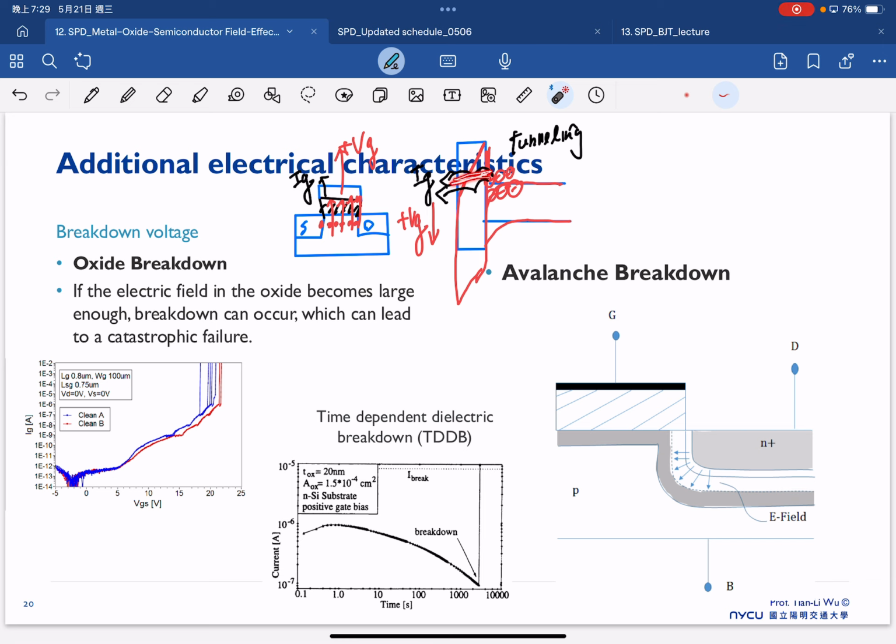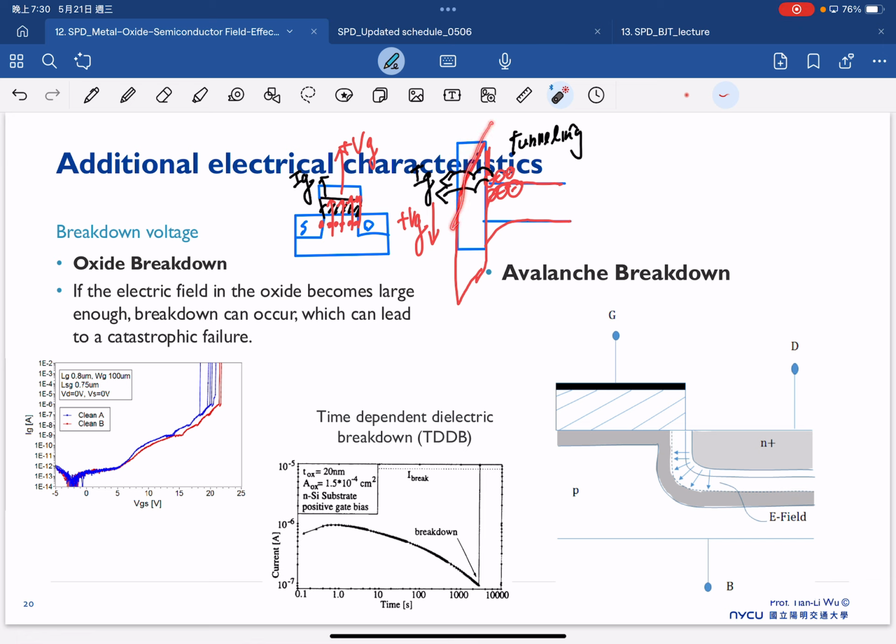Due to the positive bias, you can see the barrier, originally a square, now becomes a triangle. So if you are a carrier sitting here, the barrier you see is reduced, because originally it was a square, now it is triangular.